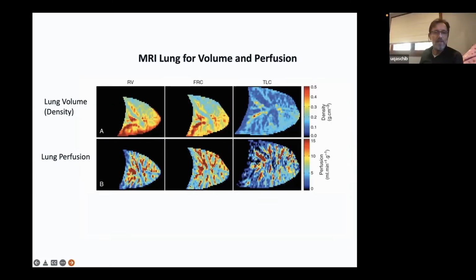And you can nicely see how the lung volume starts to increase from residual volume to TLC. However, the remarkable change that you can see in the dorsal aspect of the lung is from red to nice bright blue. So you can see that most of the volume change during a slow inhalation from residual volume to TLC is occurring indeed in the posterior aspect or in the dependent aspects of the lung.